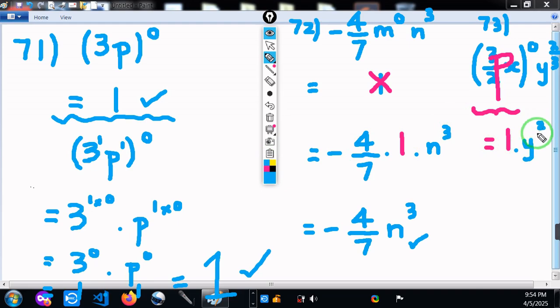The 2/3 is the 2/3. 1 times whatever is the very same whatever. So 2/3. Ooh, so nice. So easy.